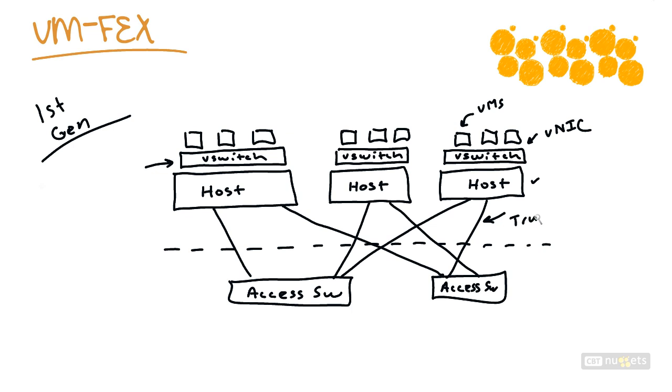These now become trunk links, don't they? And they trunk to access layer switches that we might have in our infrastructure. We might trunk directly to what we would consider a distribution layer, but you get the point. Access layer intelligence has extended down into the server person's realm, right?